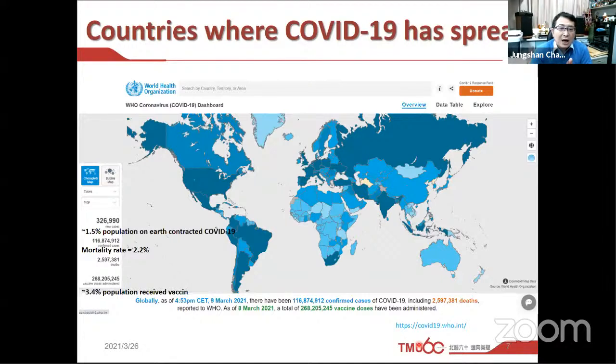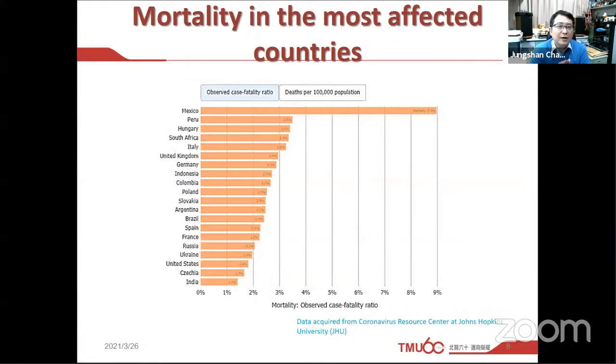Things stabilized and also improved. In North and South America, you can see that the death rate and average death rate are much higher than the average global death rate.